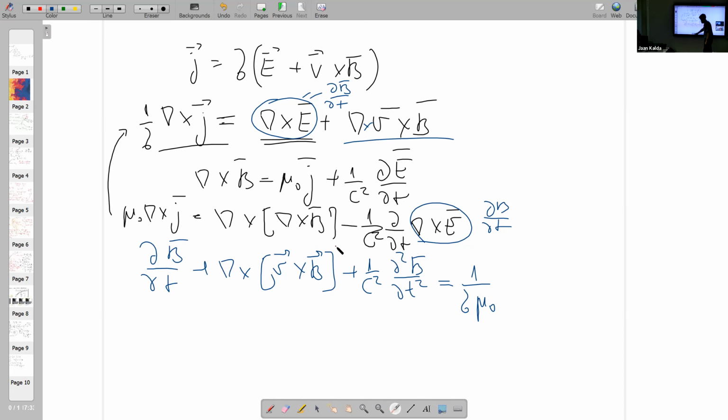Okay, let me first write it as it is. So this is curl of curl of B. And as for sign, I'm afraid I lost a sign somewhere. Yes, I did lose a sign, because curl of E is minus dB over dt. So this guy over here is going to be minus, and then probably I lost a sign again somewhere.